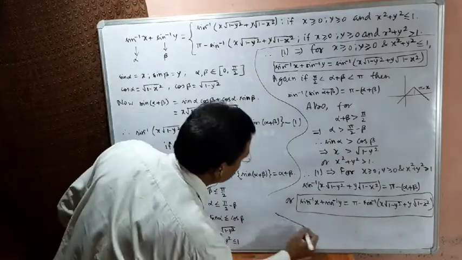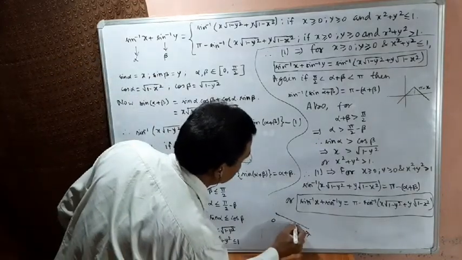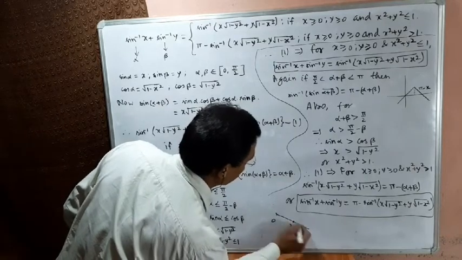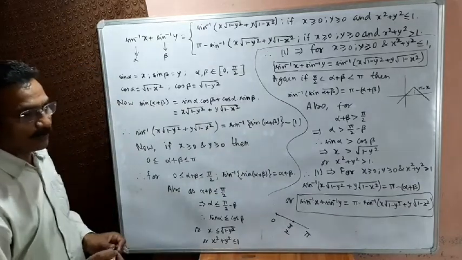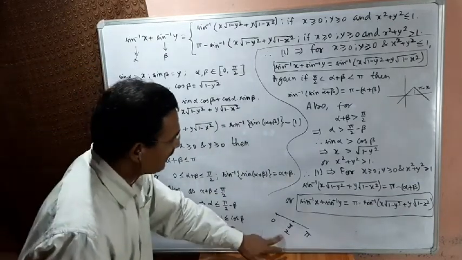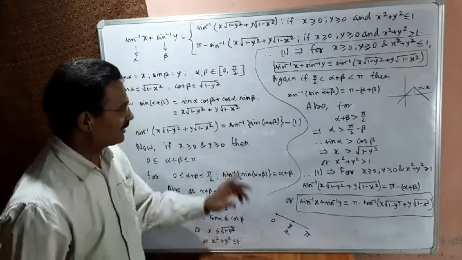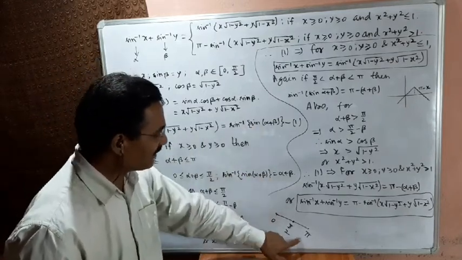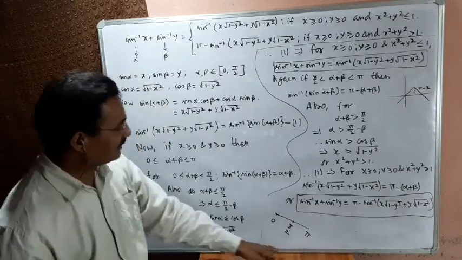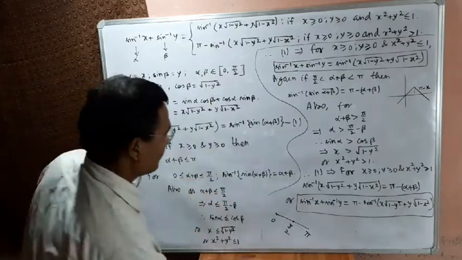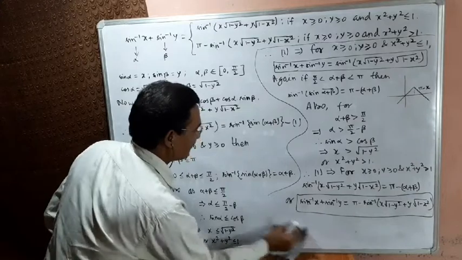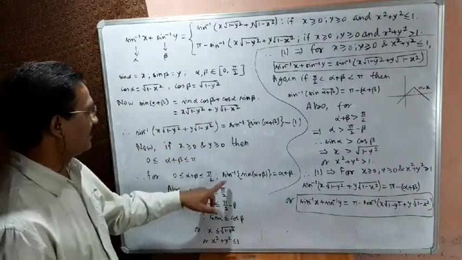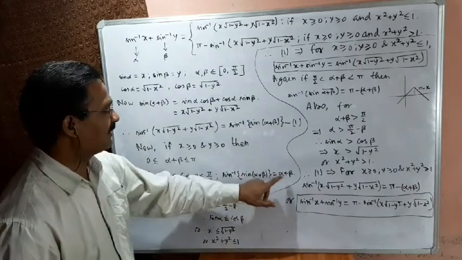In fact, the interval 0 to pi can be broken up into two intervals, 0 to pi by 2 and pi by 2 to pi. So in 0 to pi by 2, this is the principal value. Therefore, this will be the same as alpha plus beta. But when it exceeds pi by 2 up to pi, then it requires correction. So I am taking the simple case first. If alpha plus beta lies between 0 to pi by 2, then sine inverse of sine of alpha plus beta will be alpha plus beta.